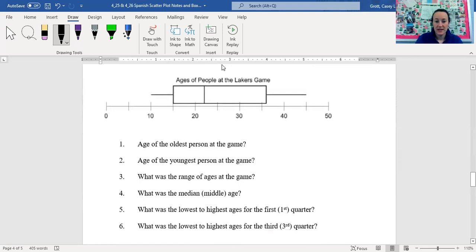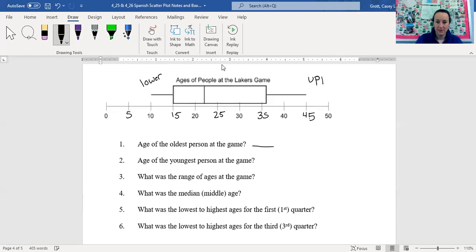So what was the age of the oldest person at the game? That is going to be right here. Let's put some numbers back in again. We said this was the lower part.